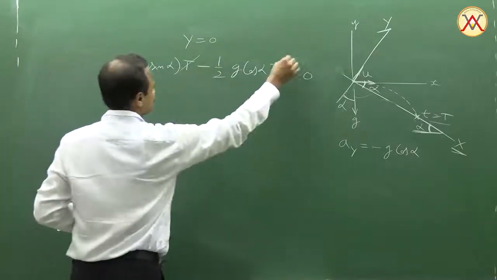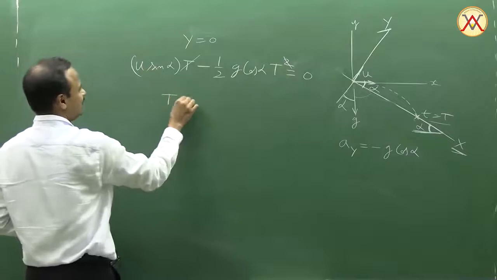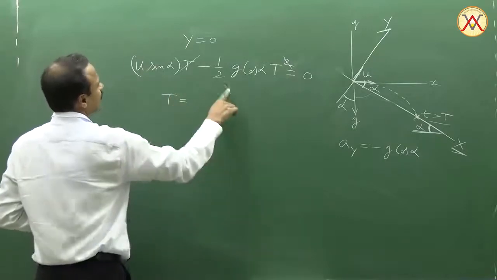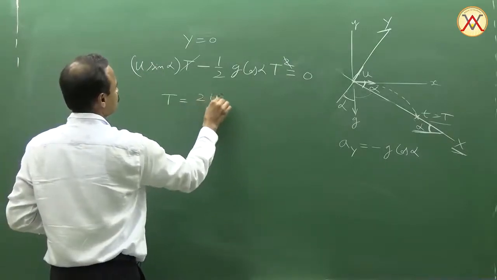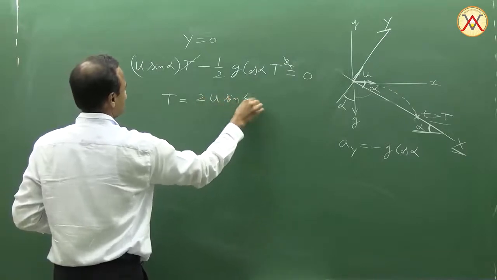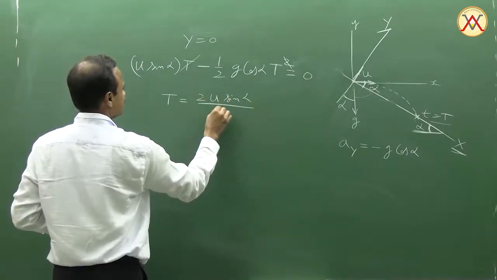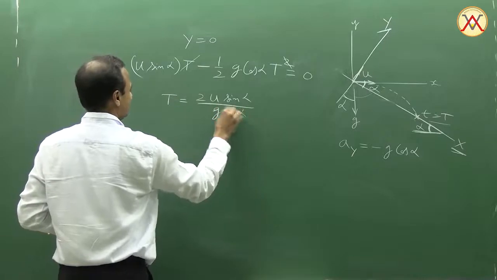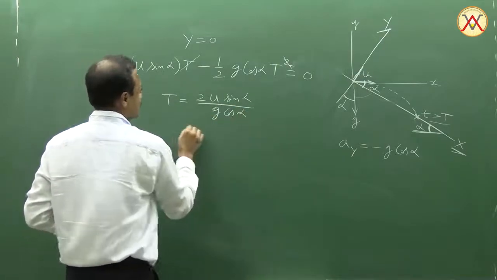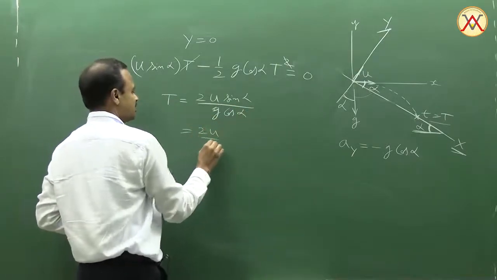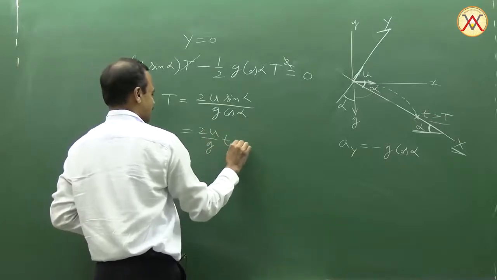So t of course is not 0, so this is cancelled and we get t is equal to 2u sine alpha upon g cos alpha, or you can say 2u by g tan alpha.